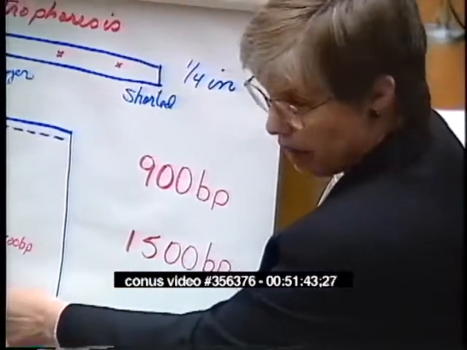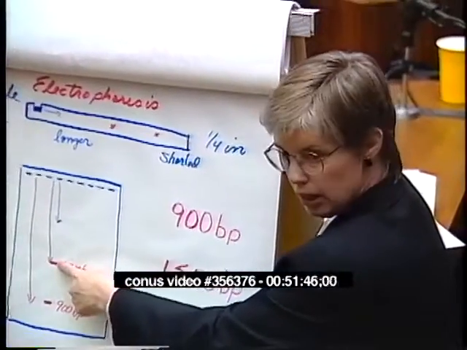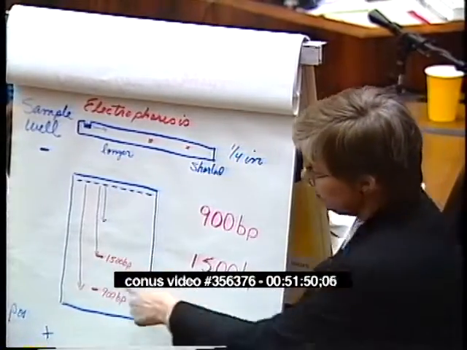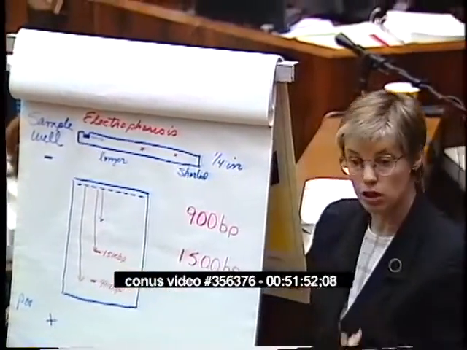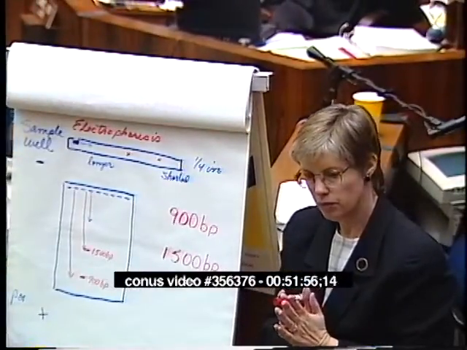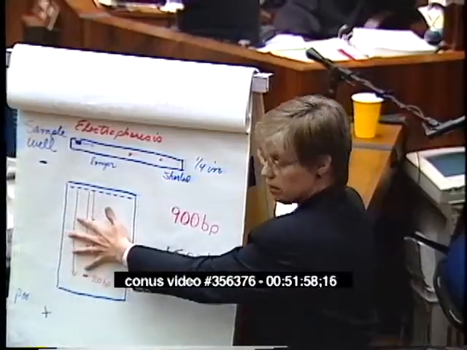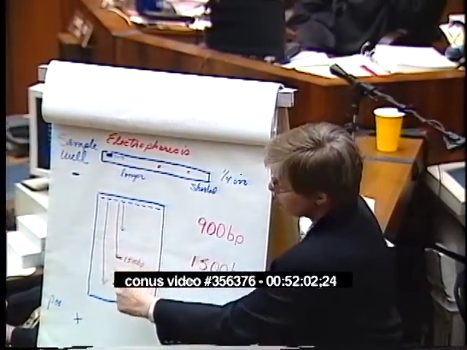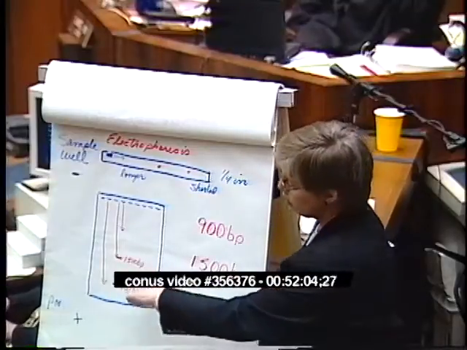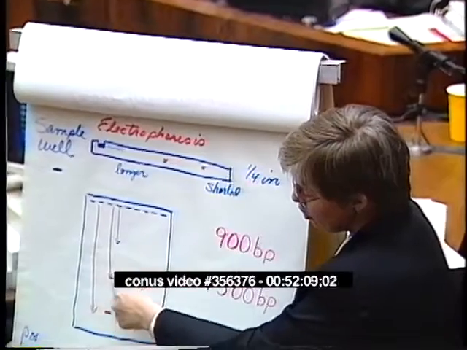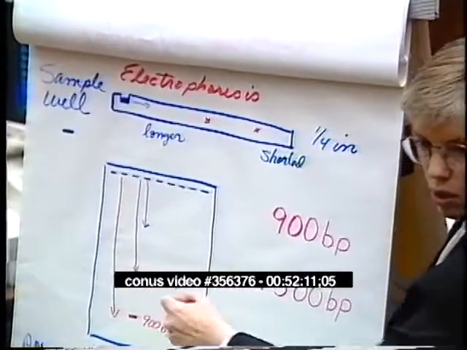So the probe is bound specifically here and here. And it's been washed off everywhere else because only in these two positions is there a piece of DNA that it can come back together with. Then we've laid a piece of X-ray film over this membrane and allowed it to expose. And on the X-ray film, a dark line will appear in these two relative positions.